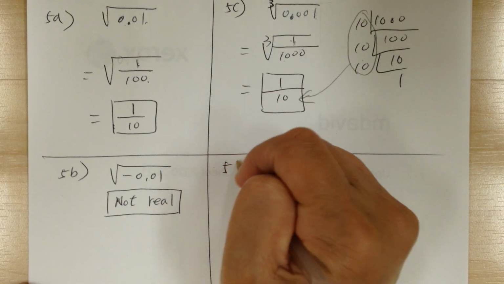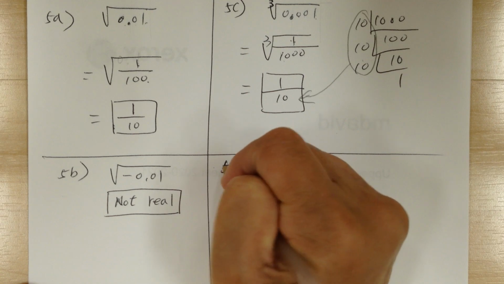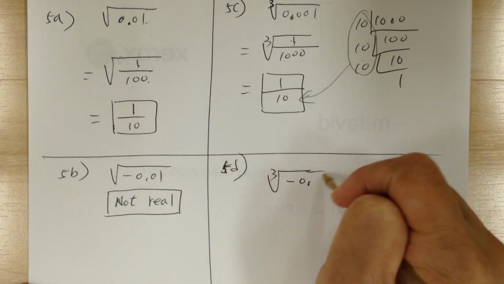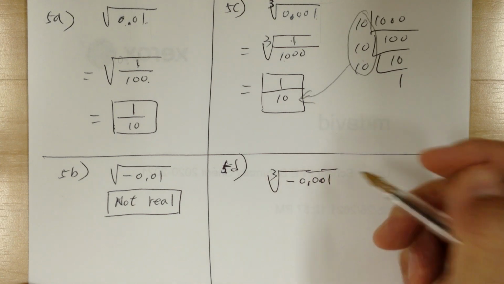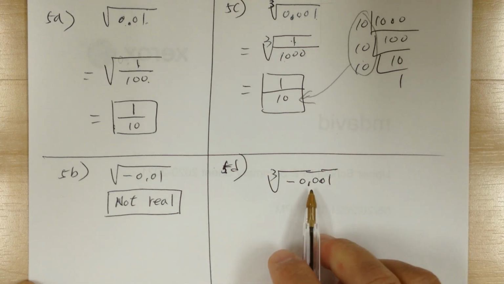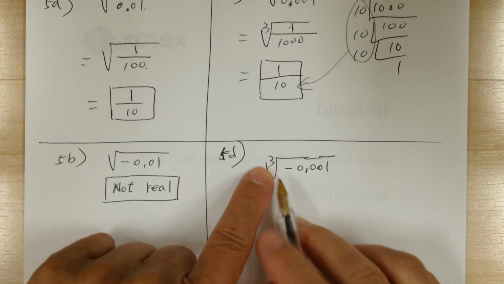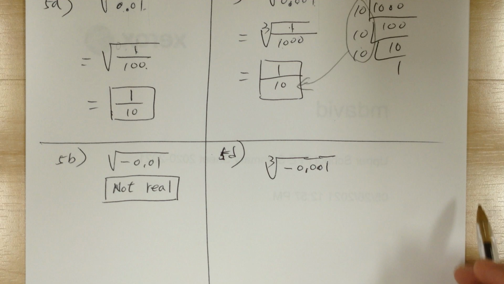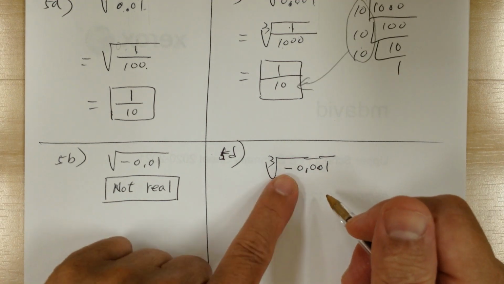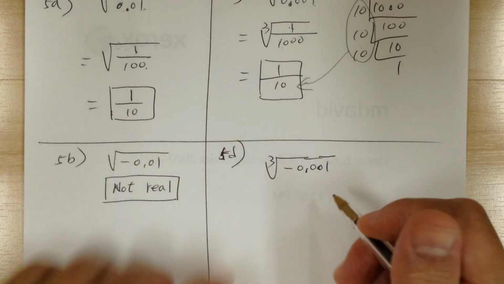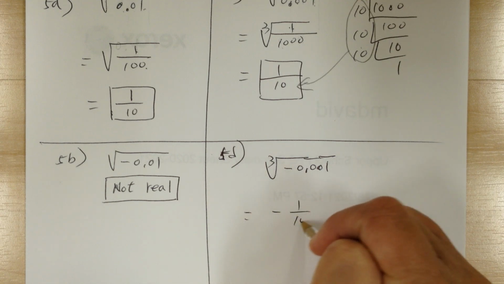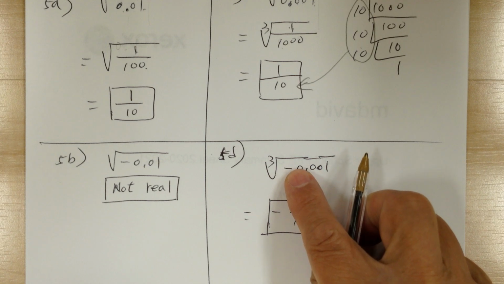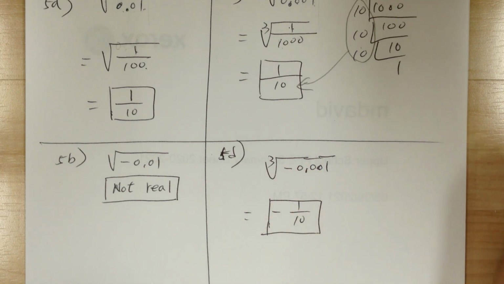Now 5d, you have the cube root of negative 0.001. When the index is odd, it's okay to have a negative inside. In this case, the negative just gives you a negative, so the answer equals negative 1 over 10. If the index is odd and the number is negative, you can just keep the negative.